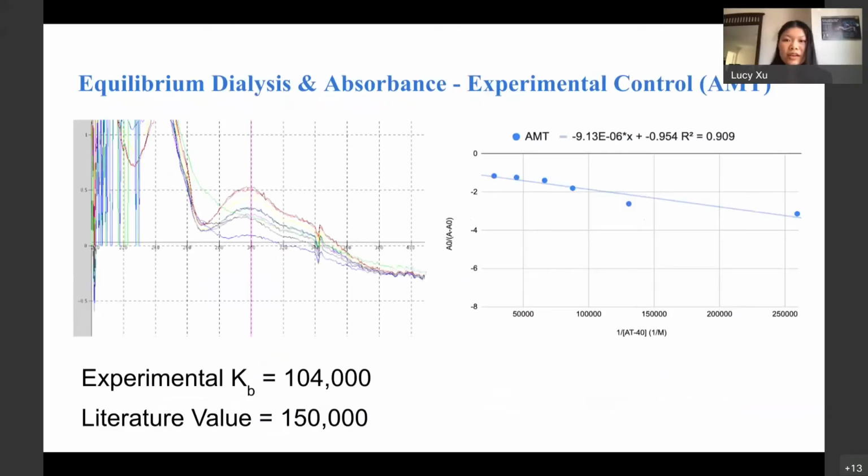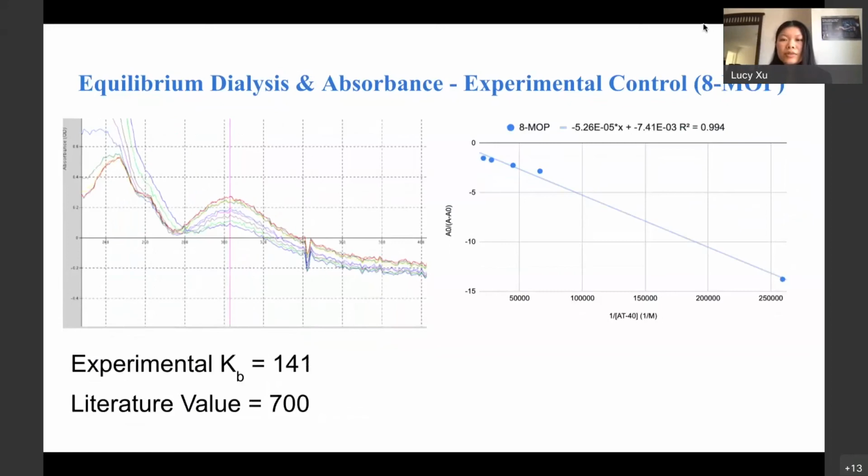So this is the data for the experimental control AMT. We can see the experimental value is 104,000 and the literature value is 150,000. Looking at our curves, you can see as you add DNA, the peak goes down. And there's a bit of a difference between the experimental Kb and the literature value, but they're in the same relative magnitude, so we can use that as a basis to compare 6E with.